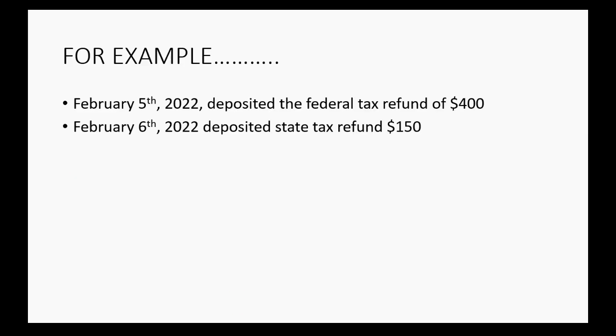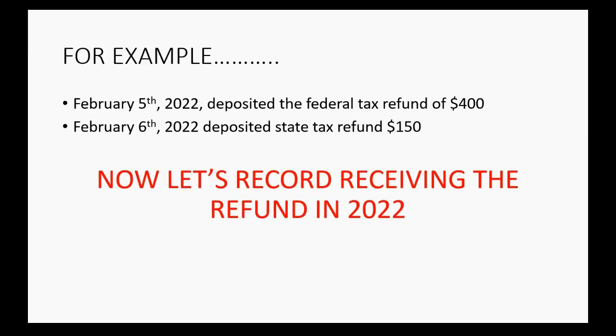$550. Now let's imagine that it's actually February 5th and February 6th, and that you're actually recording the refund. What you will do is for each of the checks that you get, you will put a plus to the Chase bank account and a minus to refund receivable.